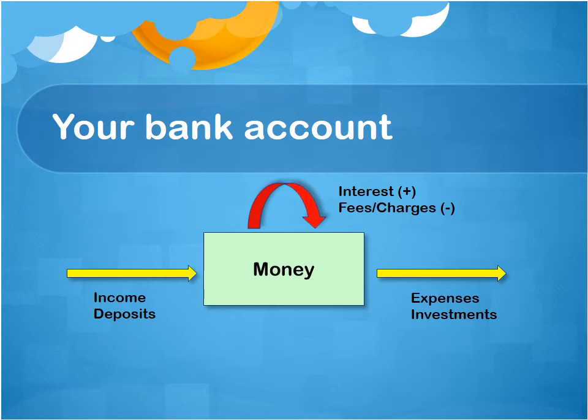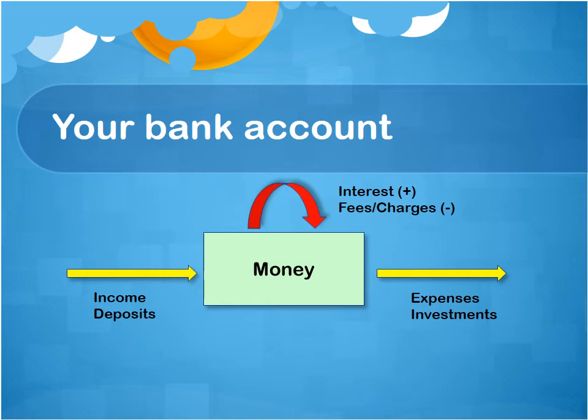Now, if you add all these things up, what comes in minus what comes out, then you have an idea of how that bank account quantity variable is changing over time. Okay, so I want to keep that notion.